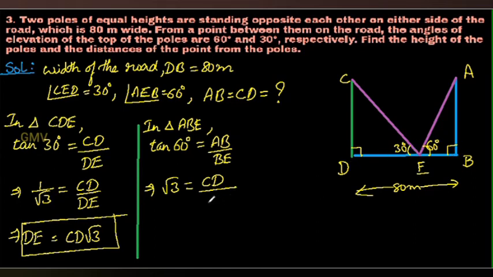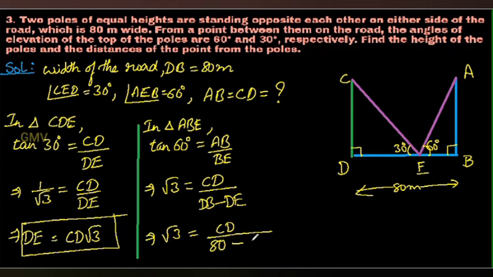So DB minus DE. So it implies, write root 3 as it is equal to CD by DB, which is nothing but 80 meters. So let us write 80 here minus DE. DE is nothing but CD root 3.